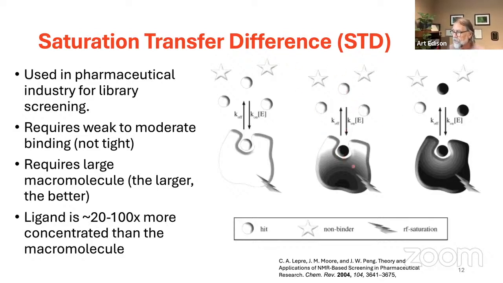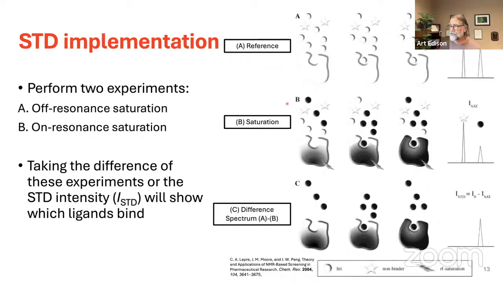If you keep that protein saturated, through a process called spin diffusion, the saturation will transfer through the protein very efficiently and then jump onto the ligand, which is in the active site. That ligand then goes off, and through various binding events going on and off, it will enrich saturated ligands out in solution that are binding to the protein. Okay, so that's the general concept.